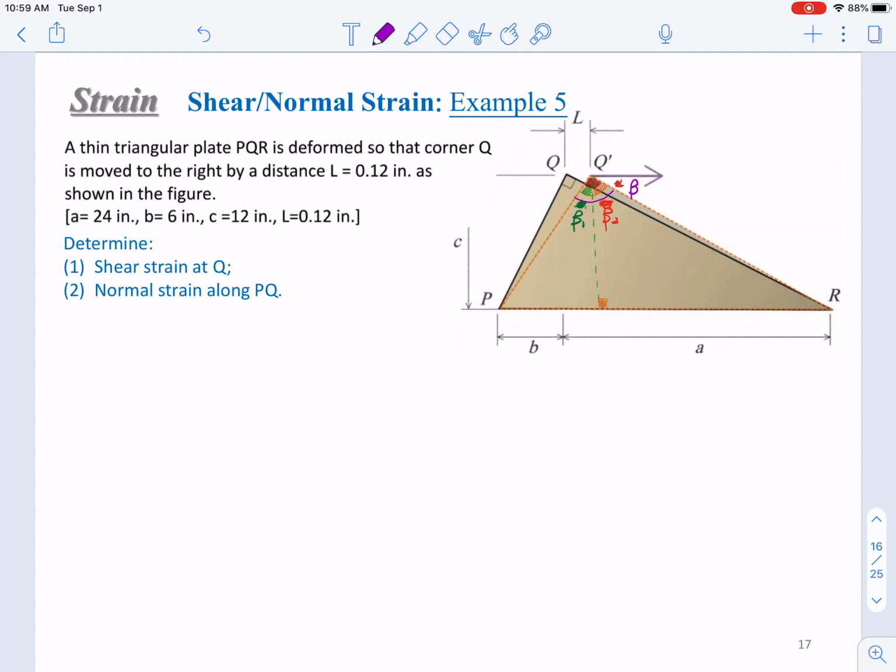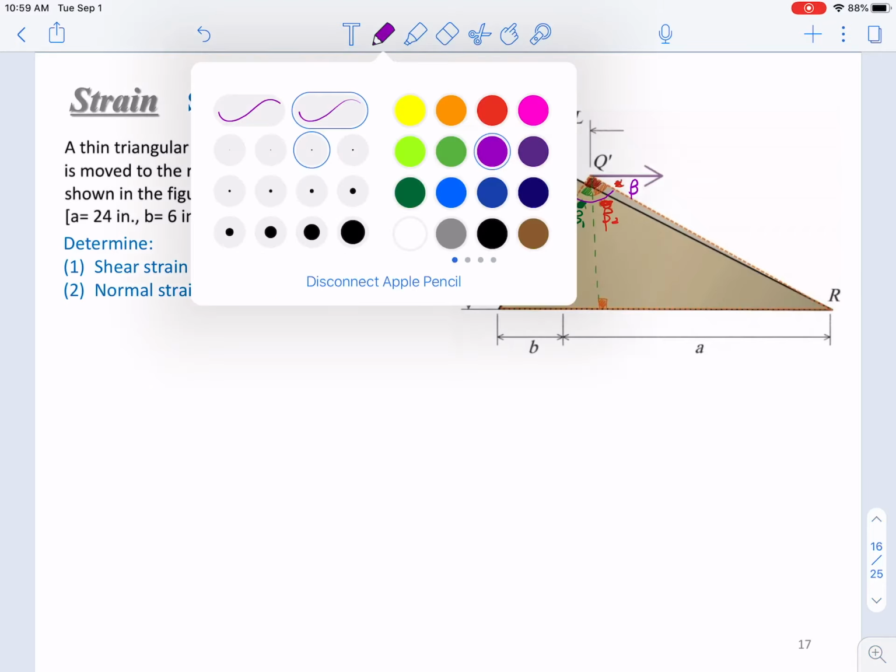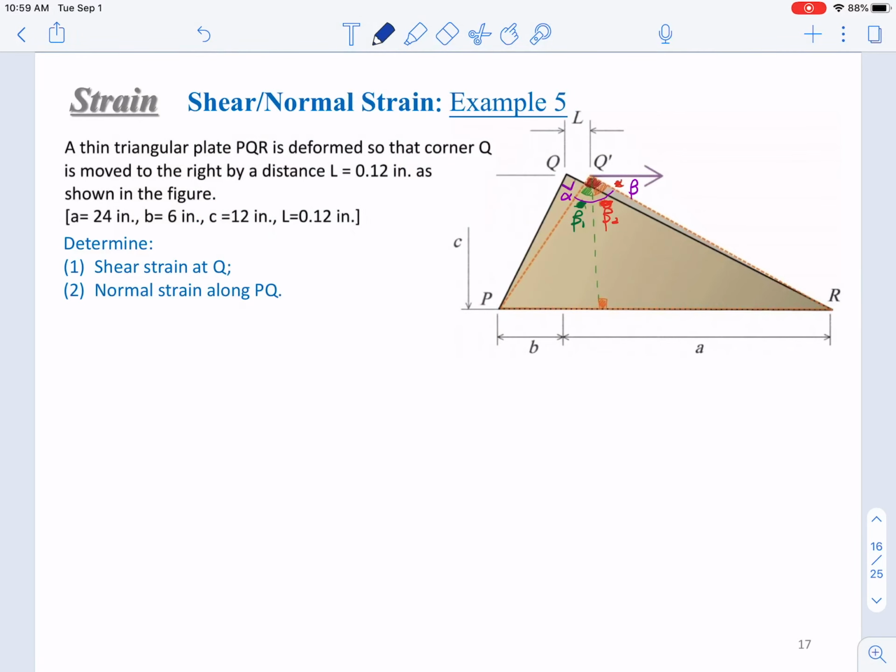The angle before deformation alpha is just pi over 2, right? So to solve the first step, the shear strain at point Q, we use the equation gamma Q equals alpha minus beta. Here alpha, the angle before deformation, is pi over 2.